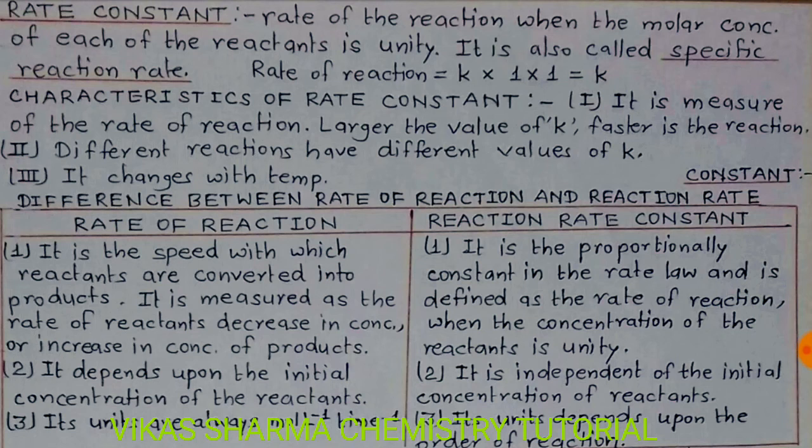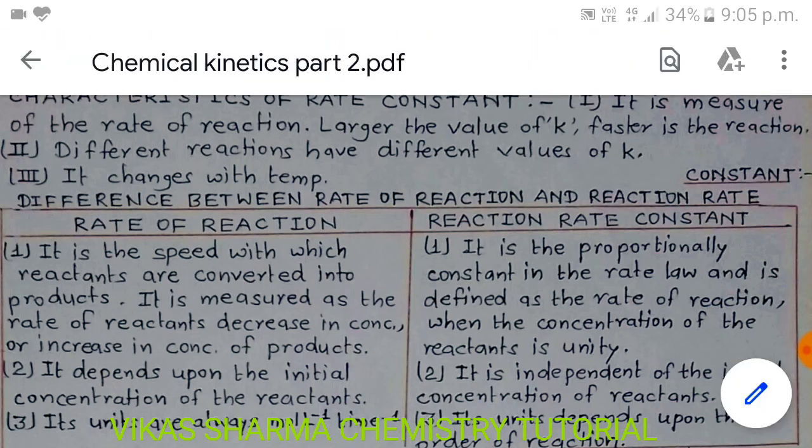The next topic: what are the differences between rate of reaction and reaction rate constant? First, rate of reaction is the speed with which reactants are converted into product. It is measured as the rate of decrease in concentration of a reactant or increase in concentration of a product.